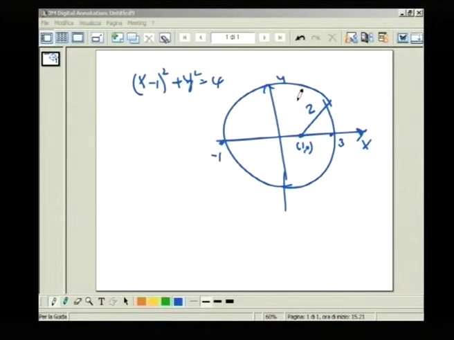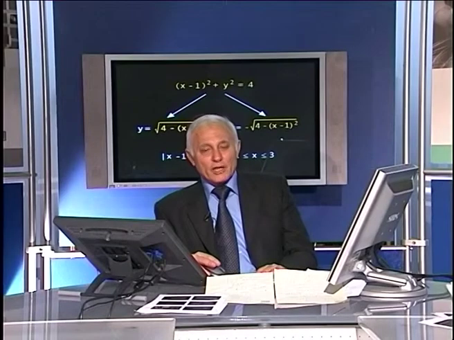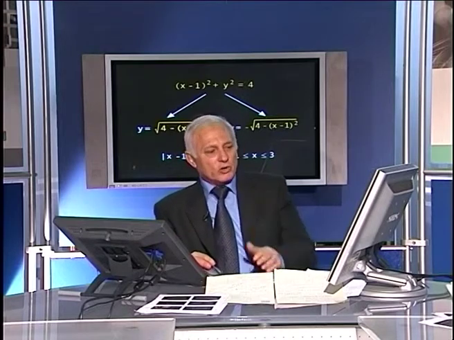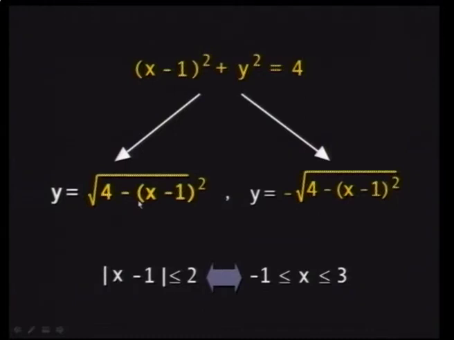As for the domain, from the graph you see that it lies from minus 1 to 3. How do you get this directly? We said before, to obtain the domain of the function, what is inside the square root must be positive. So you set (x minus 1) squared less than 4, or the modulus of x minus 1 less than 2. It means that x lies between minus 1 and 3. So these two functions have the same domain.